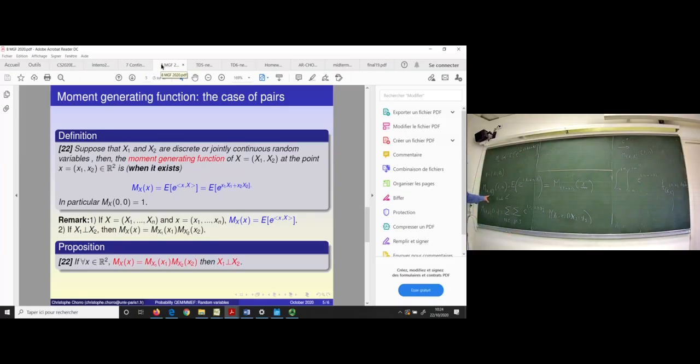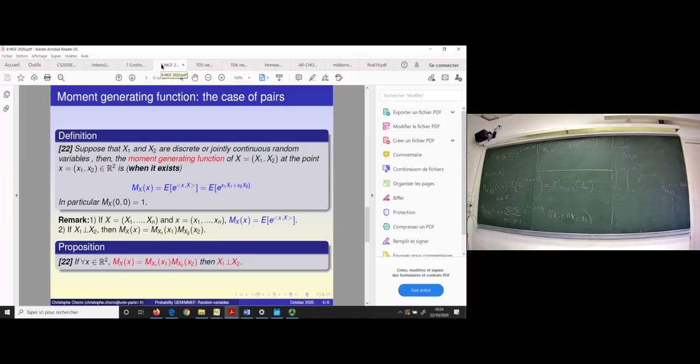So if I am interested in this one here, the definition. I said that in general to compute it, I need to compute double sums or double integrals, but there is one situation where it will be that easy to obtain this.